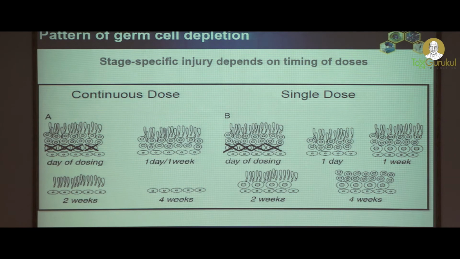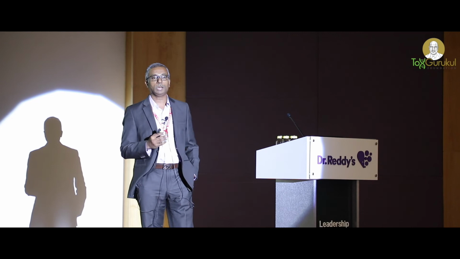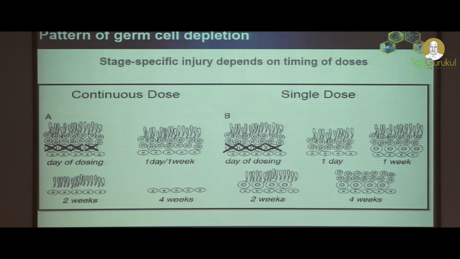The pattern of germ cell depletion is stage specific depending on the timing of the dosing. Say if you are dosing continuously, like in a long term study, hypothetically here a pachytene spermatocyte is the one that undergoes germ cell degeneration.